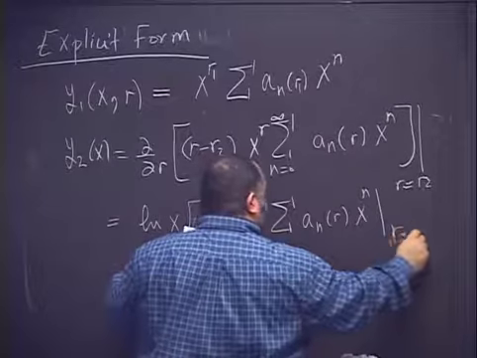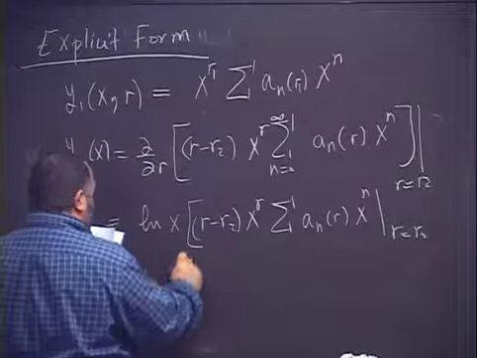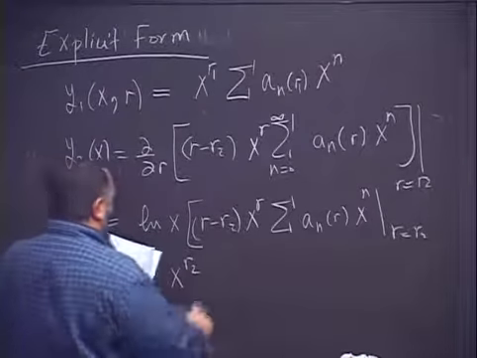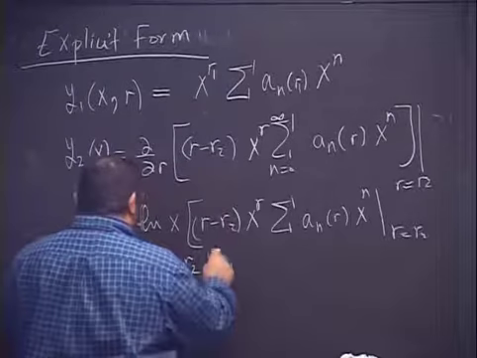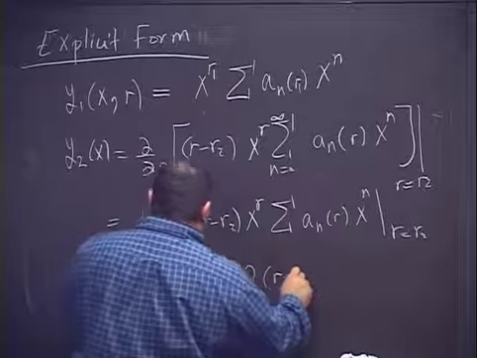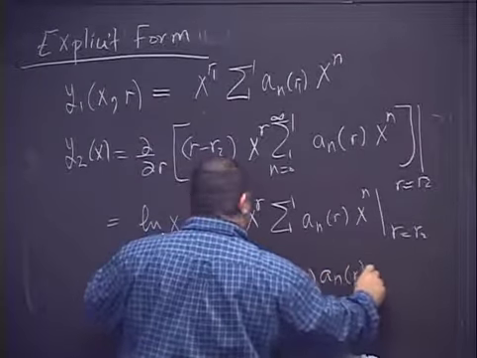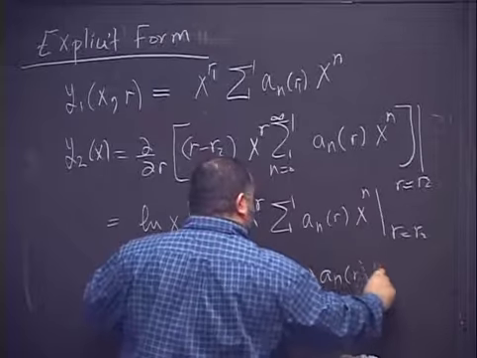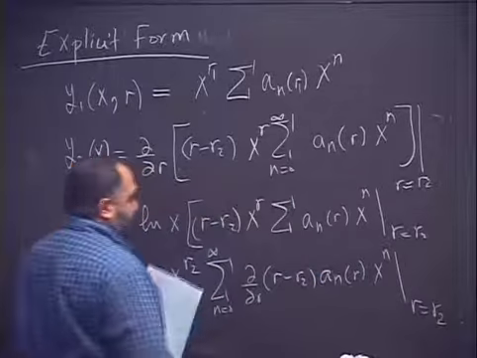This is evaluated at r2, plus x to the power of r2 summation of n equal to 0 to infinity d by dr of (r minus r2) multiplied by an of r multiplied by x to the power of n, again evaluated at r2.